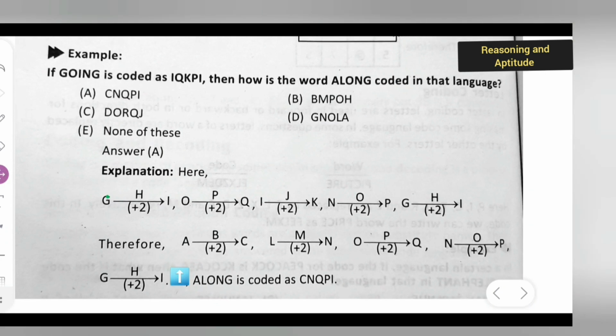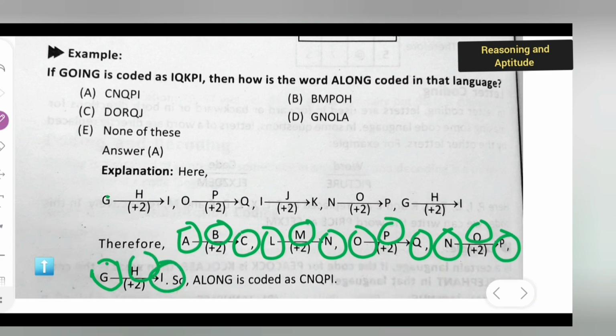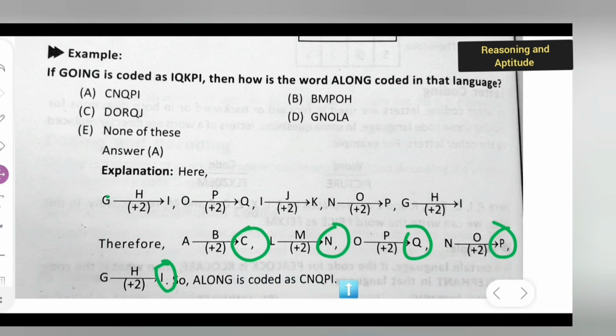ALONG: A becomes C, L becomes N, O becomes Q, N becomes P, G becomes I. So obviously ALONG is CNQPI.